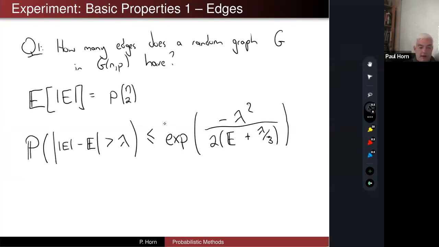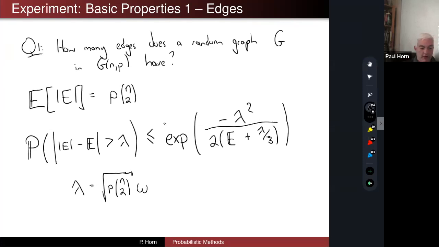And so if I want to make this small, if I pick this lambda to be like the square root of this expectation, then this will be like a constant. This lambda squared and this expectation are in some sense going to cancel each other out. This is like a constant.